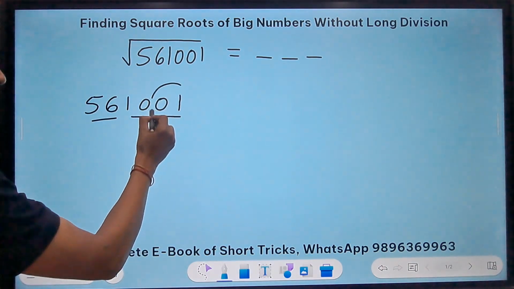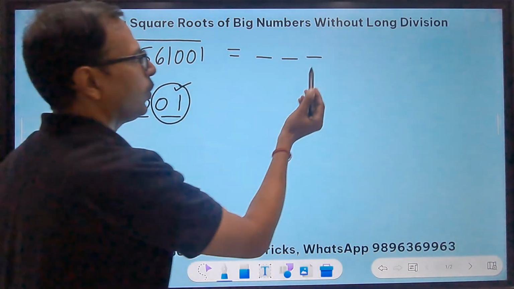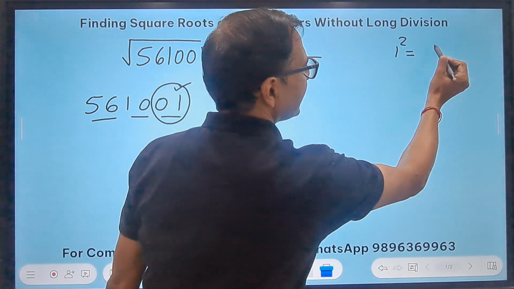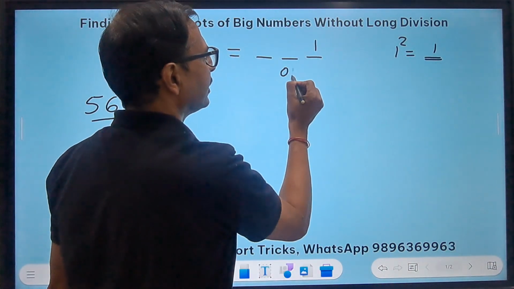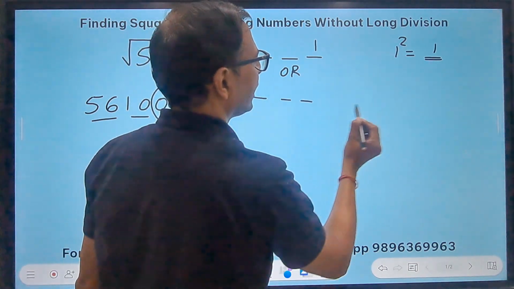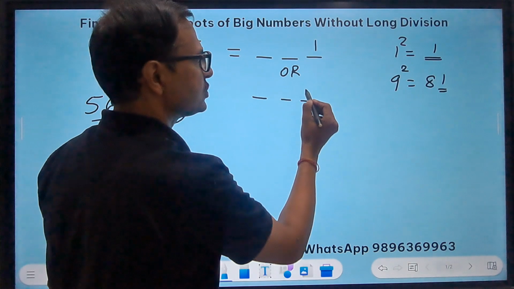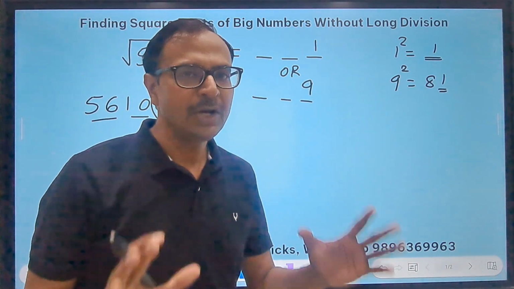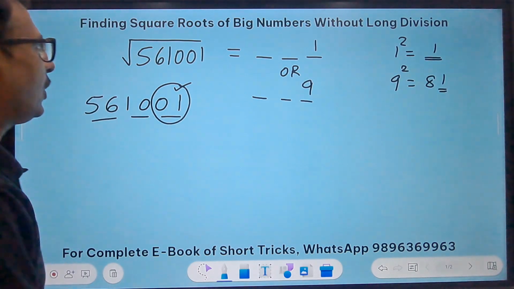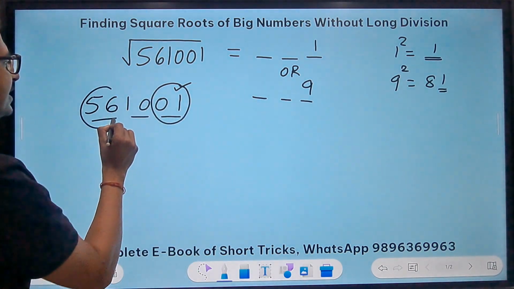Now the last pair ends in 1. Since 1 square ends in 1, it can be 1 here, or there is one more possibility, 9 square, that ends in 1 again, so it can be 9 also. So I have two possibilities for the unit digit. Now come to the hundreds place. Here we have 56.